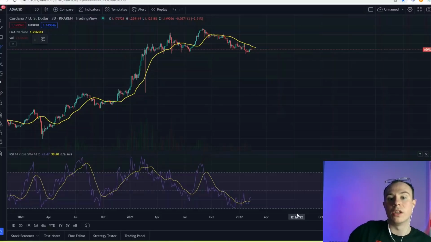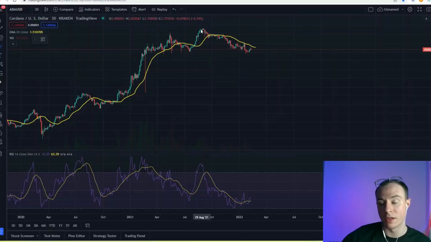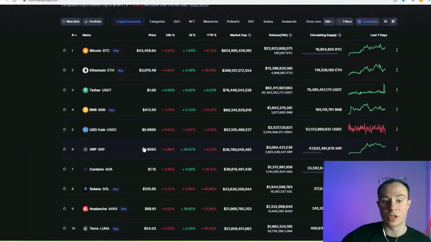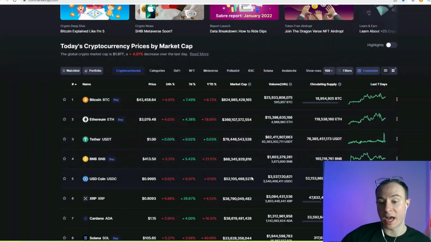I've not got the article up, but Grayscale wrote an article comparing Cardano to Bitcoin and Ethereum across a number of different metrics, user base, wallets, and so on. And essentially the conclusion they came to, when Cardano's price was at all-time high, was that Cardano was undervalued, certainly in terms of market cap, which relates to price, of course, in comparison with the likes of Ethereum and Bitcoin, given where it is.